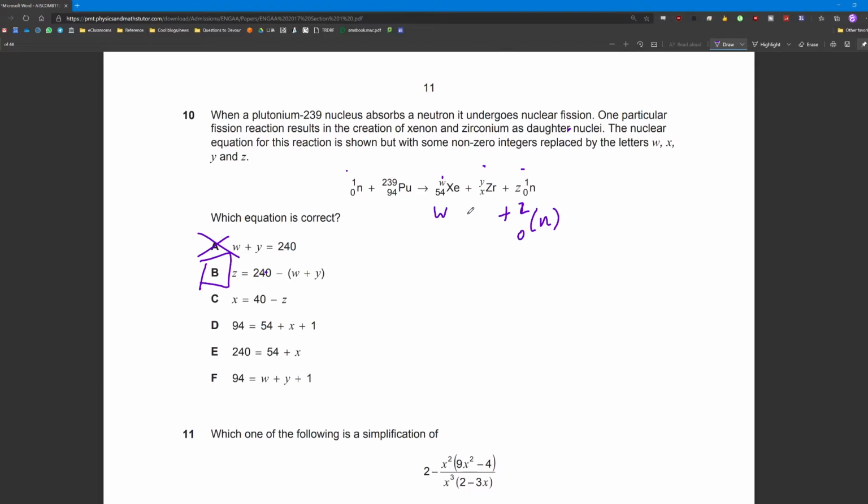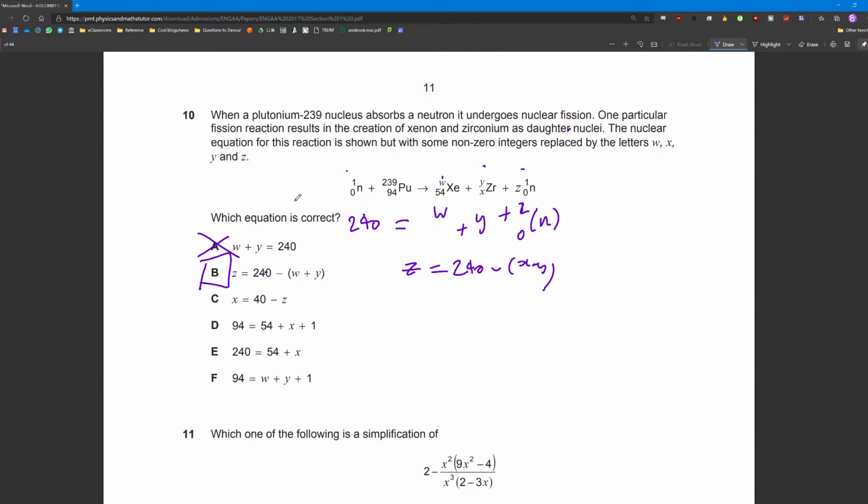So w plus y plus z, the total mass number, is going to be conserved. Even though it's just z times neutron, z times neutron will get you a mass of z. So if 240 is w plus y plus z, then z becomes 240 minus w plus y. And immediately, since this option is correct, we can just move on from the question.